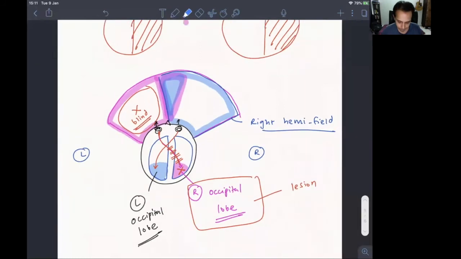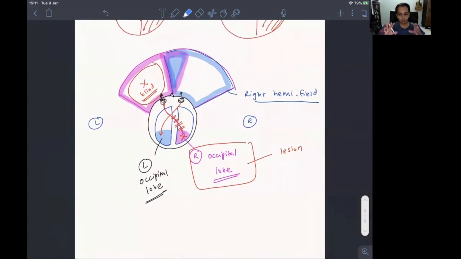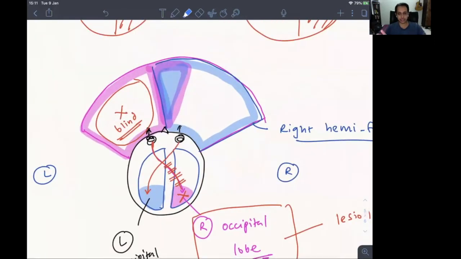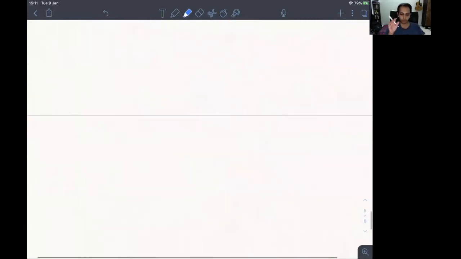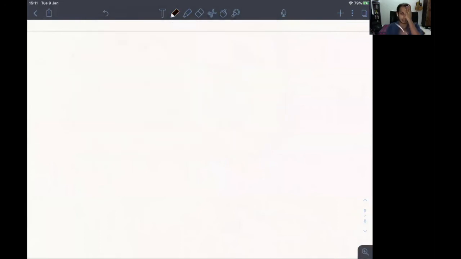Cool. Now, when we say we are testing the field of the optic nerve, what does that mean? What we are basically checking is, suppose you close your left eye and you are seeing from your right eye, then everything you are seeing is the field of vision of your right eye.